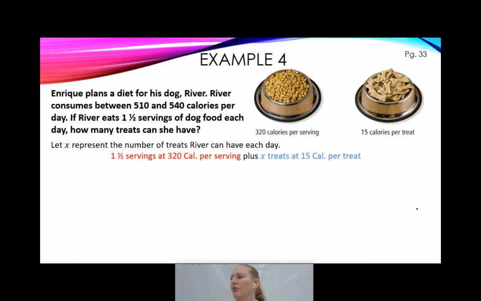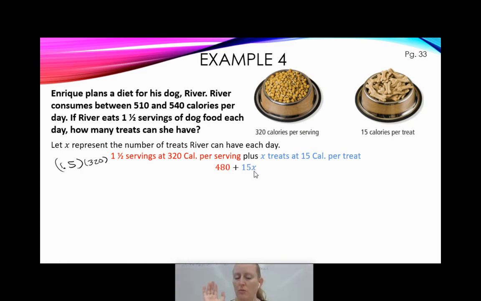Well, first of all, I can do this part, right? 1.5 times that 320 calories. If I grab a calculator real quick, 1.5 times 320, I can see that just her dog food is 480 calories. But we're adding on X number of treats, 15 calories each. So we're adding on 15X calories.